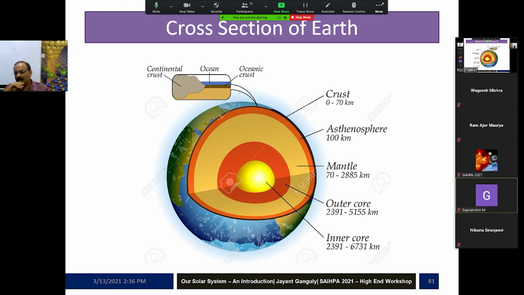So our Earth, if you cross-section it, has a mantle, an outer core, and a crust. People might not have gone beyond, say, 10 kilometers, but we know that the radius of our Earth is around 6,400 kilometers.